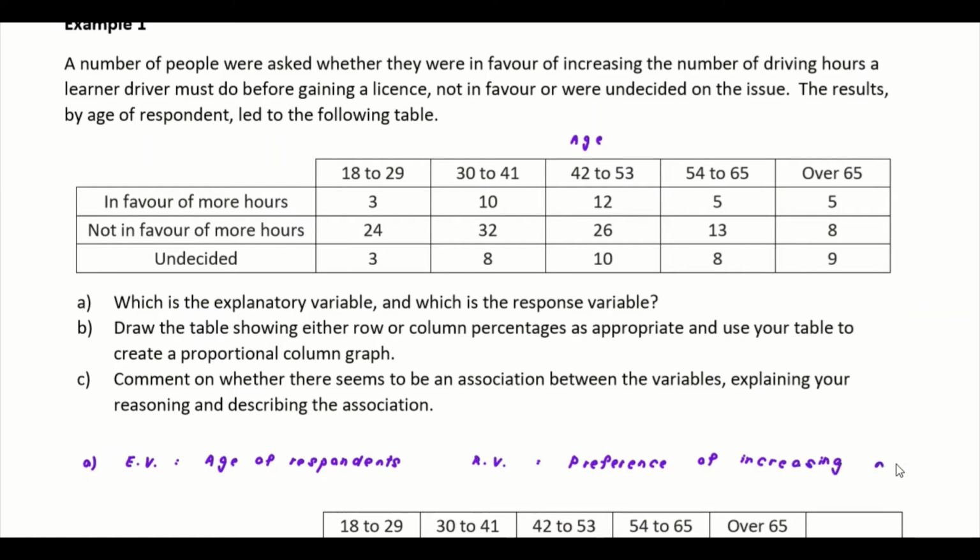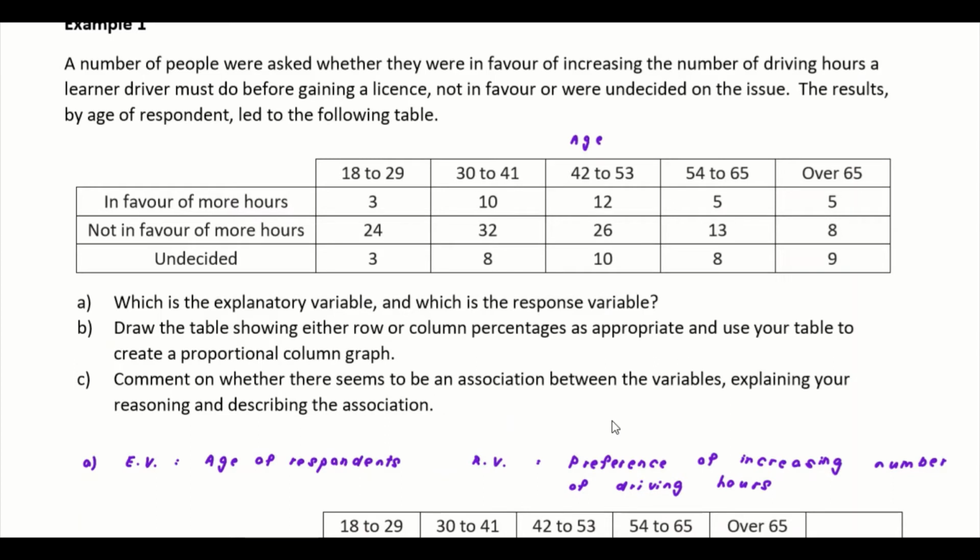Every time you want to write this, please try to write as completely as you can, but make sure that it's correct. So: preference of increasing number of driving hours. Actually you should write the whole thing, but it's okay. Okay, that's the idea.